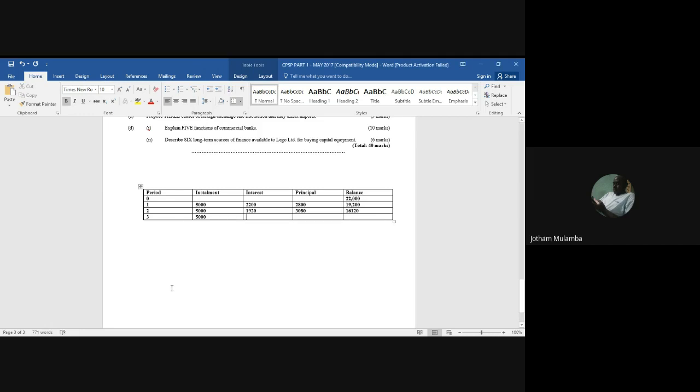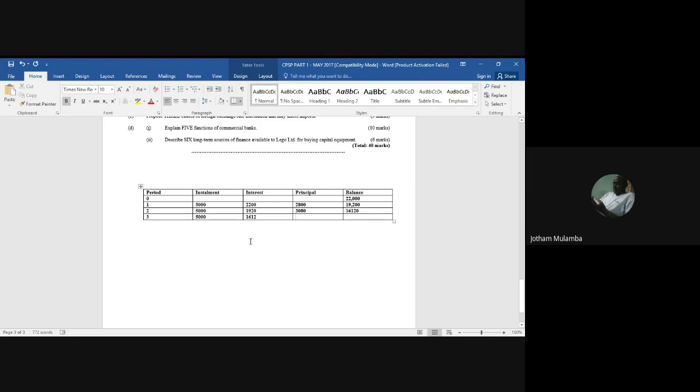So we go to period 3. In period 3, we pay 10% of 16,120. So how much will be our interest? 1,612. Now we want to determine the amount that will go for principal. So we do 5,000 minus 1,612.